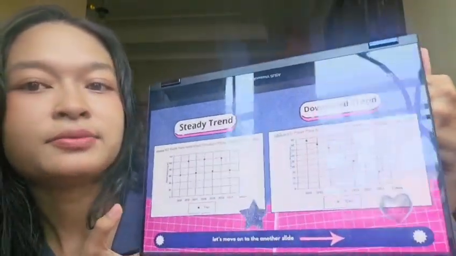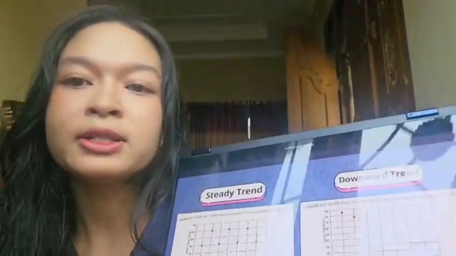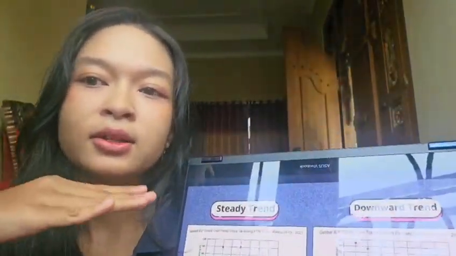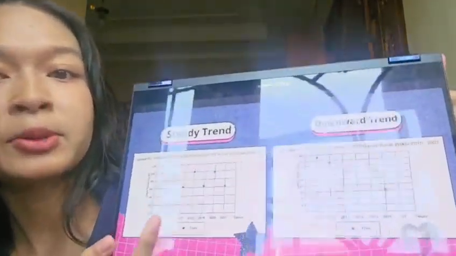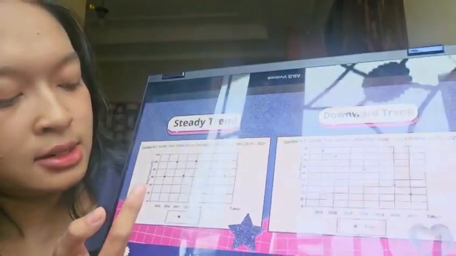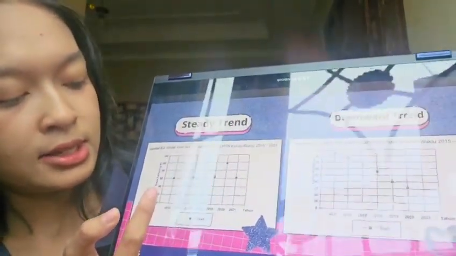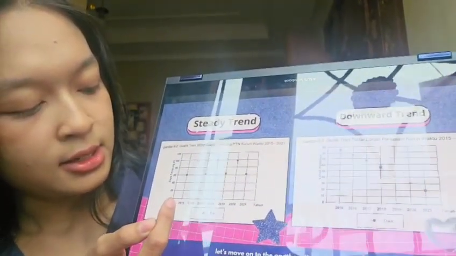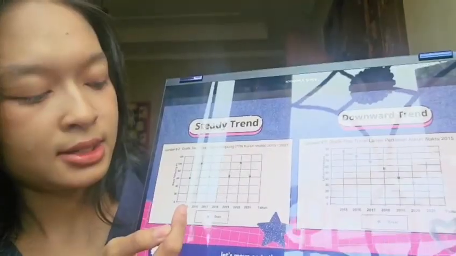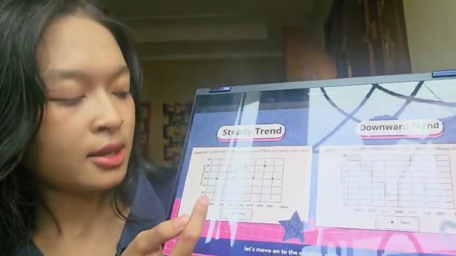And then this one, the steady trend. Steady trend means it stays the same, it has a stable graphic. You can see from the points and the line: in 2015 the point is at 60, then in 2016 it is at 100, but in 2017 it is at 60 again.